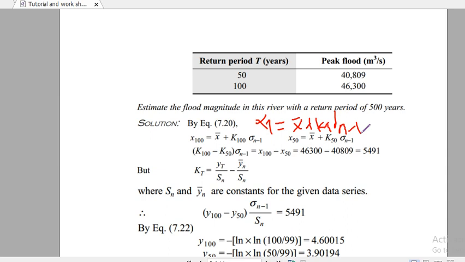X means the flood magnitude for a design period, and x bar means the mean or the average of the data series. Then delta n minus 1 is the standard deviation.